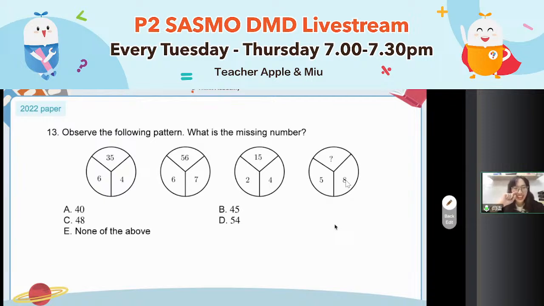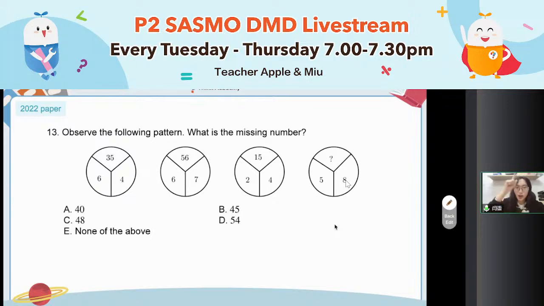A bit complicated, but again, everyone, you need to observe first. 28? No. 13? No. 15? No. 40? No. Everyone, try to observe.